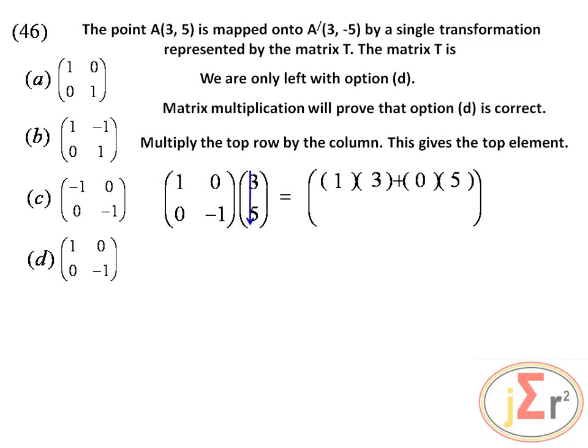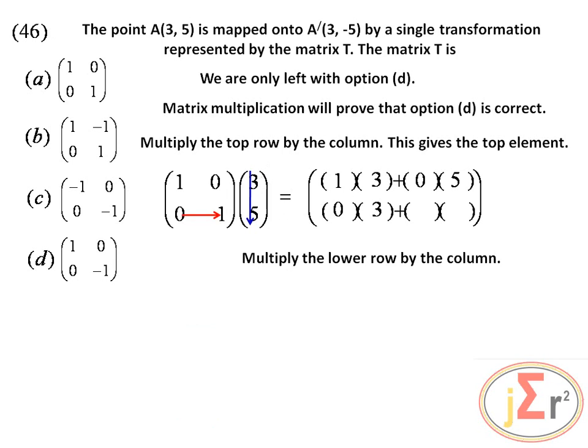Then what do we do? Keeping that same column matrix in mind, we go down to use the single row that we have left. We will use this row to multiply the single column that we have right there. What do we know? 0 multiplied by 3, negative 1 multiplied by 5.